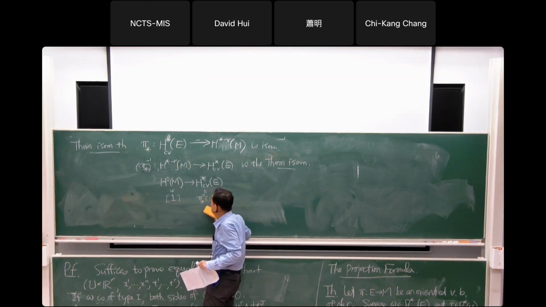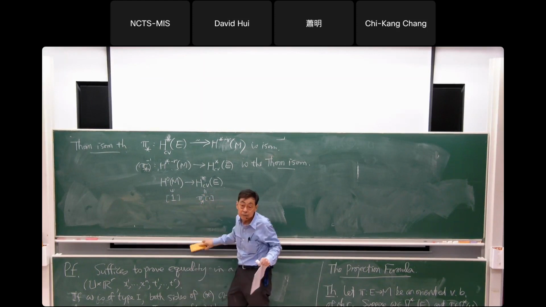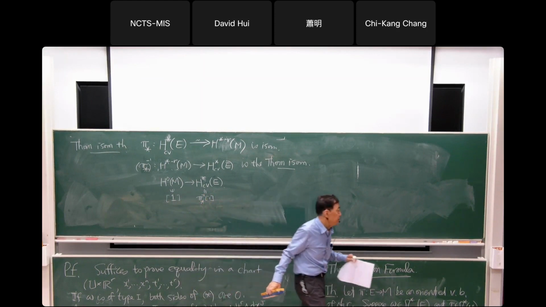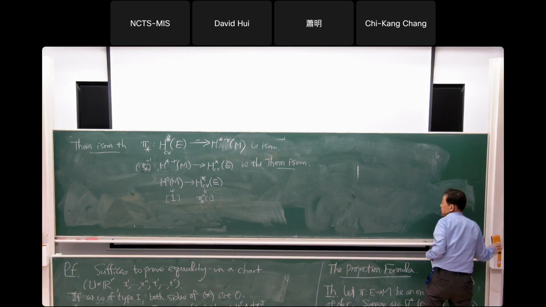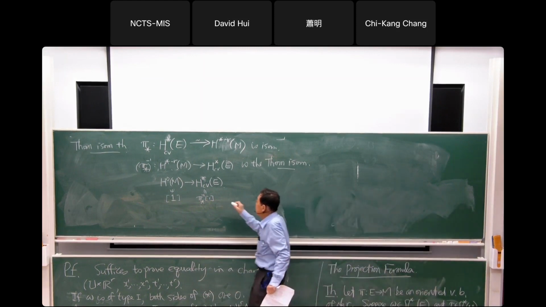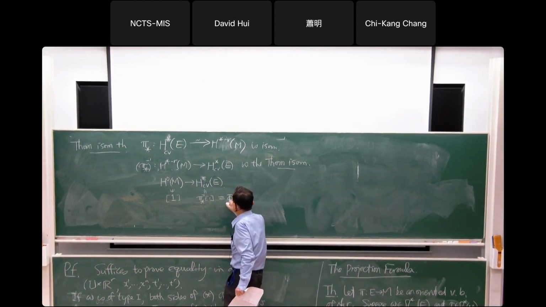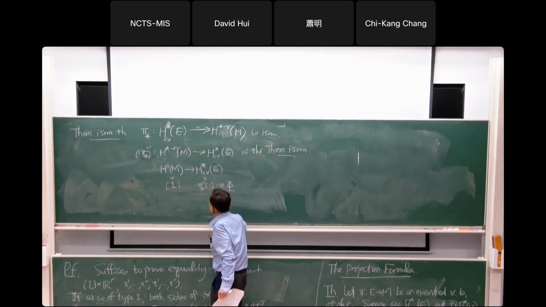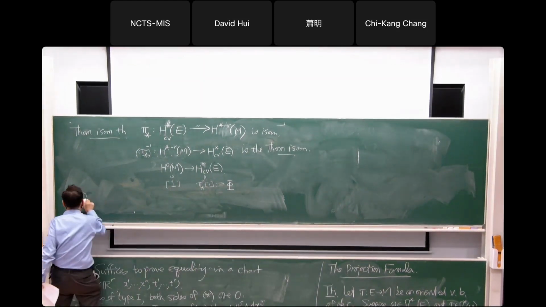And it is the image of one under the Thom isomorphism, okay? And this class is called the Thom class.